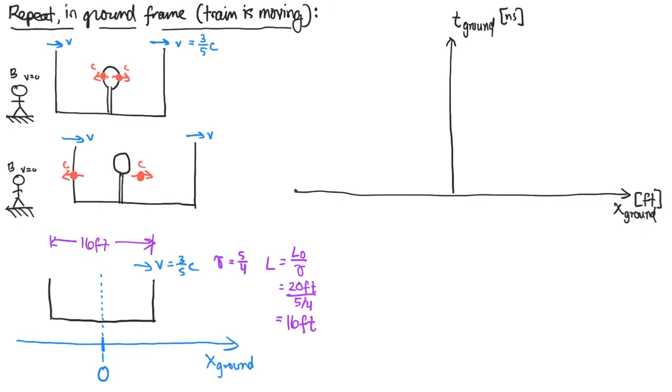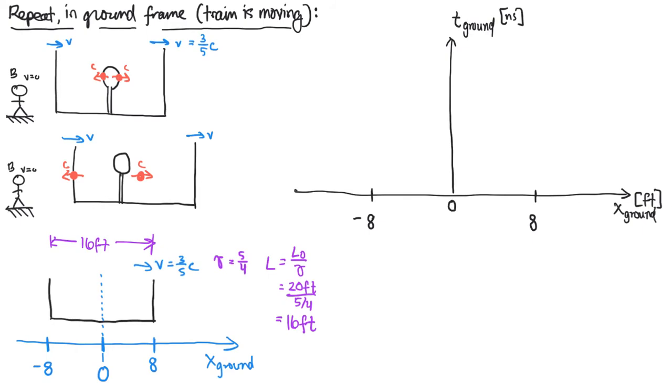So that allows us then to identify the coordinates of the ends of the train. If the total length is 16 feet and the middle is at 0, then the ends are at plus and minus 8 feet. So when we come to our space-time diagram, we're going to put the train walls initially at plus minus 8 feet, and at 0, well, that's where the lamp starts.